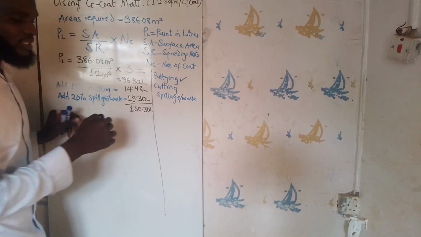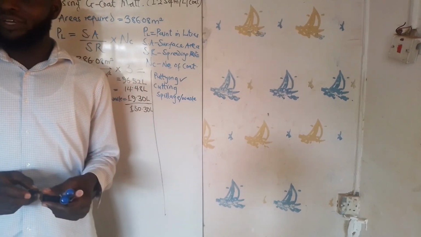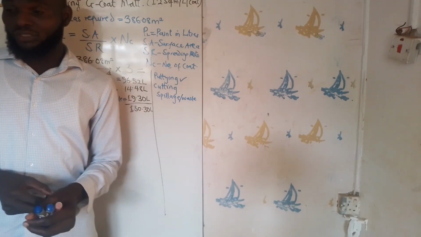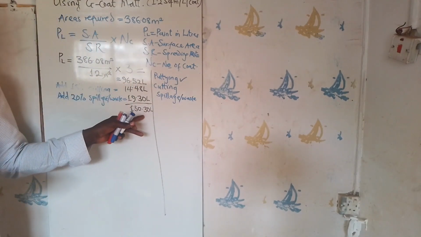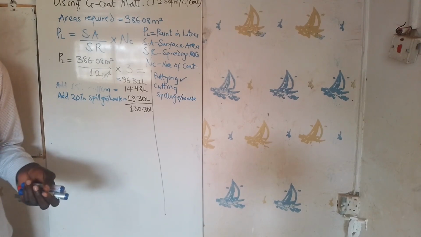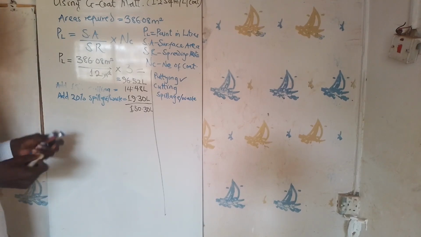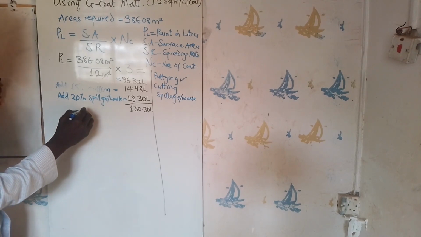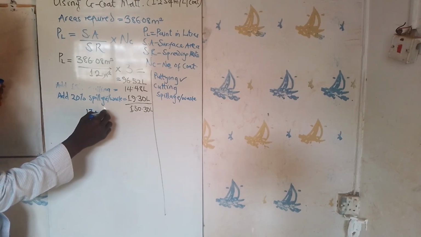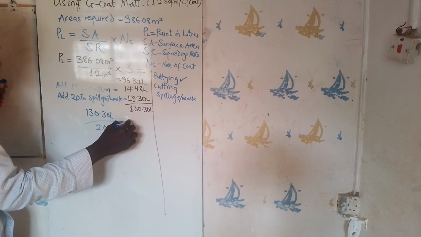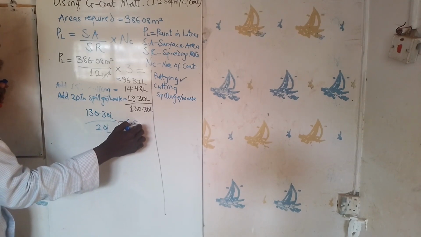Is it available in 20 liters container, or 5 liters, or 4 liters? Our G-coat is available in 20 liters container. So we divide it by 20 to get the number of drums that we will be needing. Maybe you complete it with gallons or only drums. So when you divide 130.30 liters by the 20 liters that we have in a container, what would that give us? 6.5 drums.